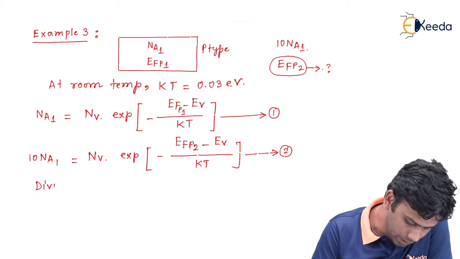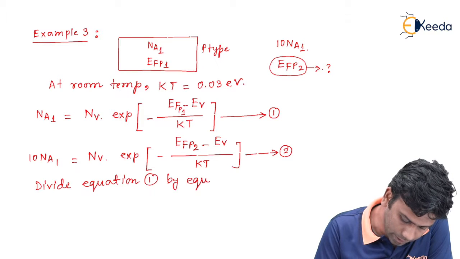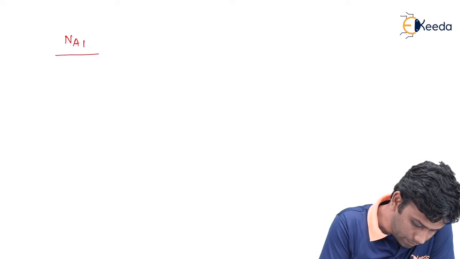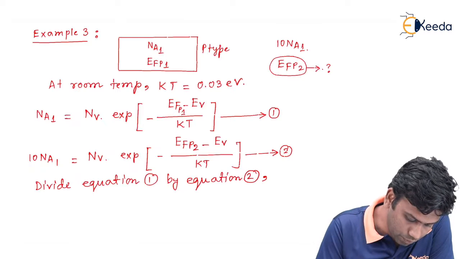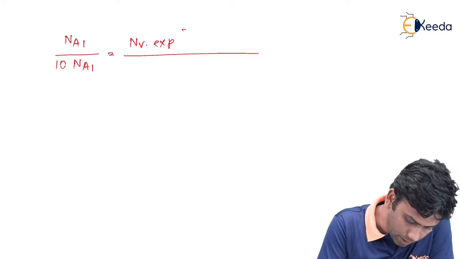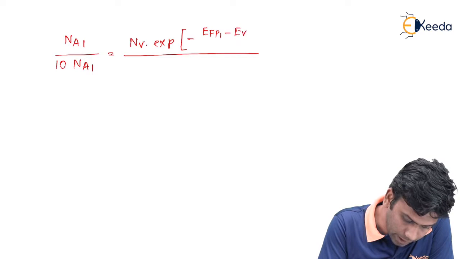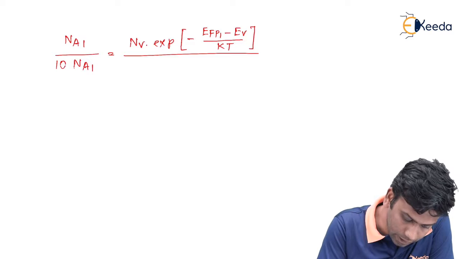So if I divide equation 1 by equation 2, then we can find that Na1 divided by 10 Na1 is equal to Nv exponential minus (EFP1 minus Ev) divided by kT.